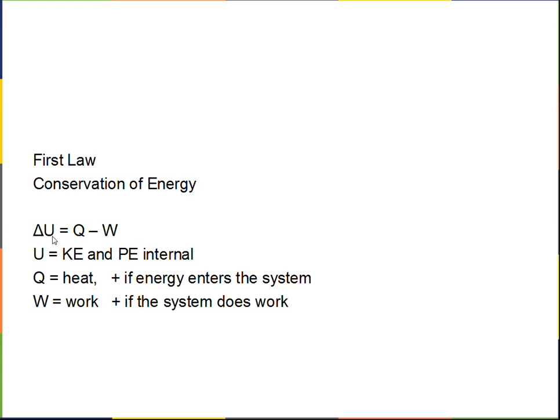The first law says that delta U, the change in the internal energy of the object, and we can have kinetic and potential energy in the internal energy, is equal to the heat Q, that's positive if energy comes into the system, minus the work W that the system does, and the work is positive if the system is doing work. So the change in internal energy is Q minus W.